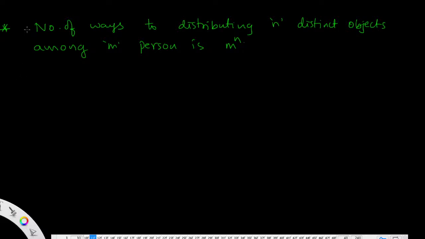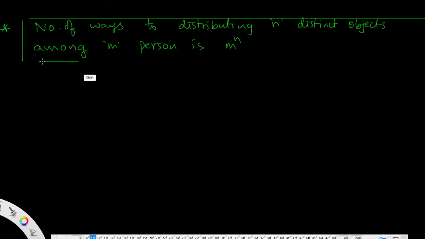Okay, this is the formula. If the conditions are not given, then distributing n distinct objects among m persons is m to the power of n.